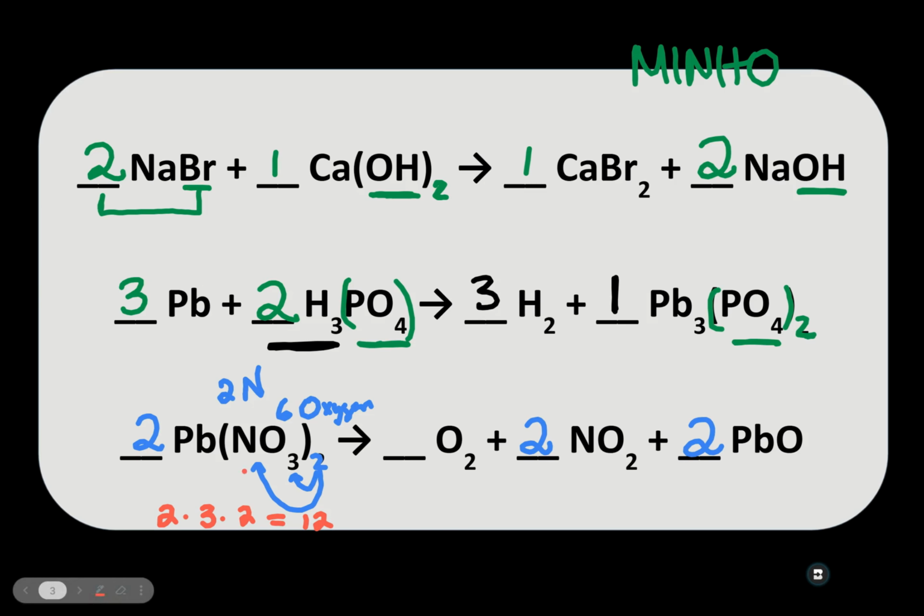Also, I may have jumped the gun a little bit, but notice how now we have 2 times 2 nitrogen. So now I technically have 4 nitrogens on this reactant. So I'm going to change this over here to a 4. So let's see if that will affect our number of oxygens now.